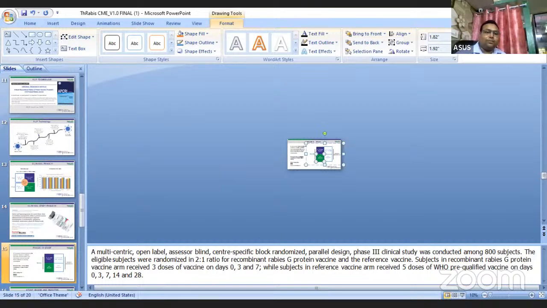Travis was non-inferior to the reference vaccines, with fewer adverse effects compared to the reference vaccines. The novel 3-dose Travis was found to be safe and immunogenic when compared to 5 doses of a WHO pre-qualified vaccine.